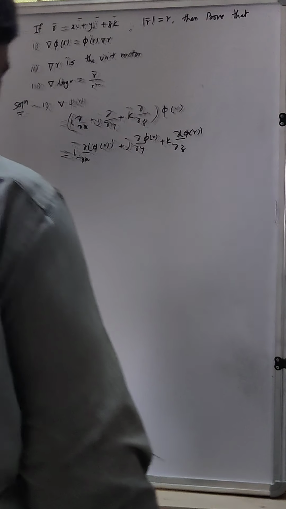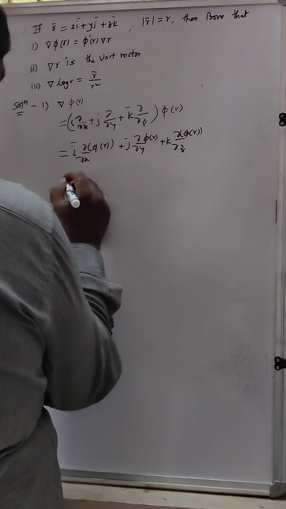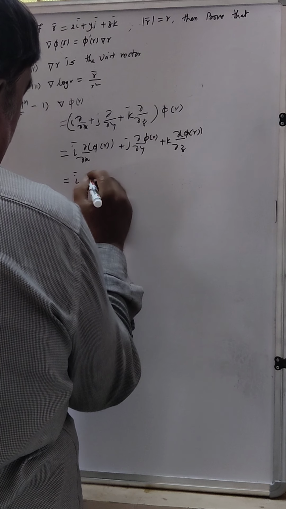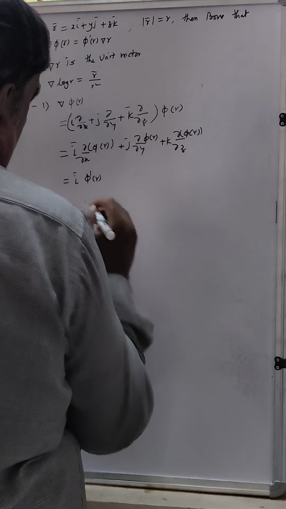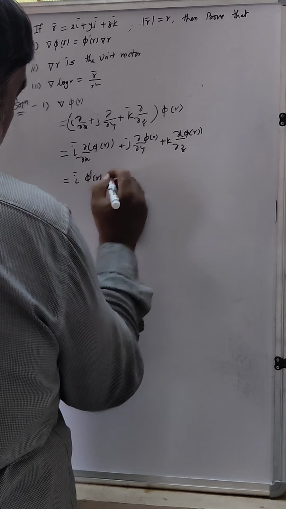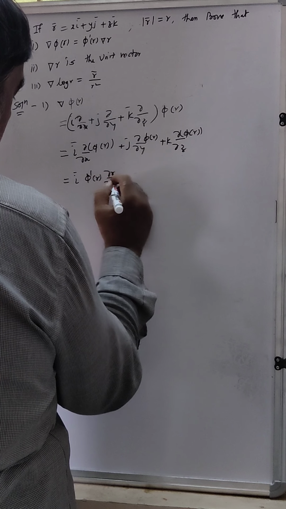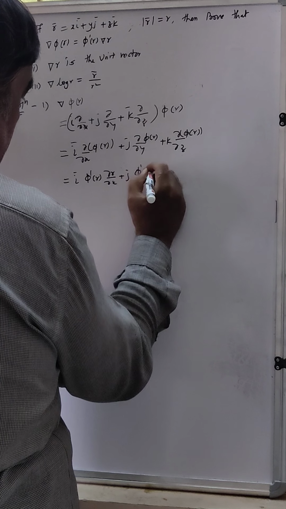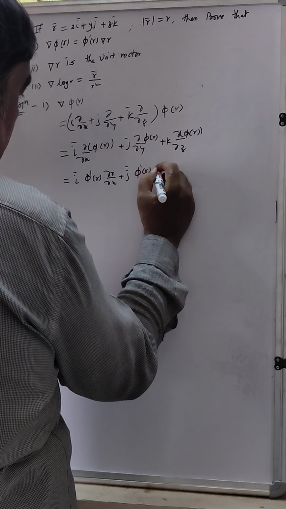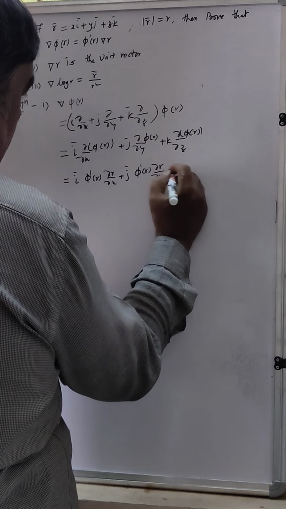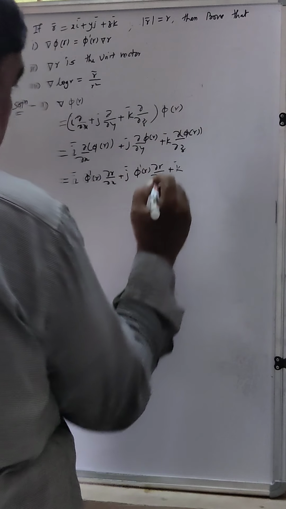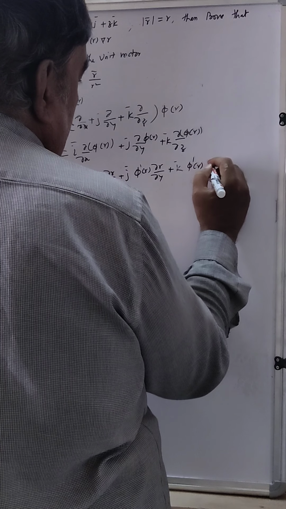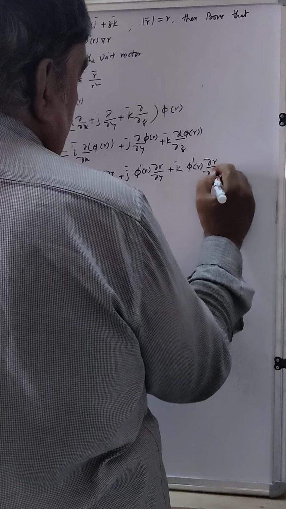Differentiation of phi r is equal to i vector phi dash r, derivative of phi r is phi dash r with respect to x, and derivative of r is ∂r/∂x, plus j vector phi dash r ∂r/∂y plus k vector phi dash r ∂r/∂z.